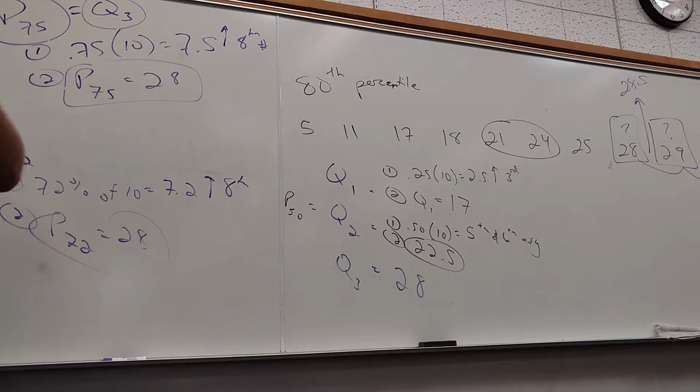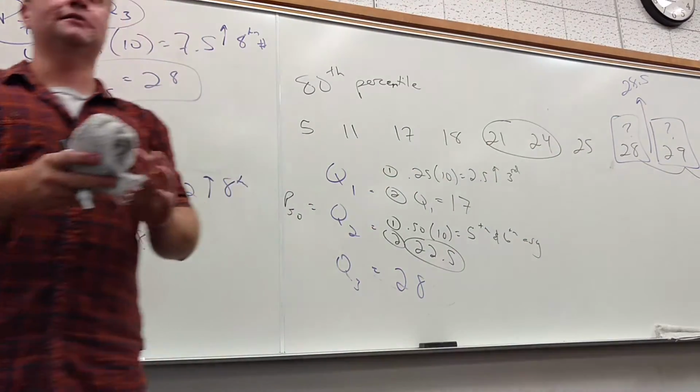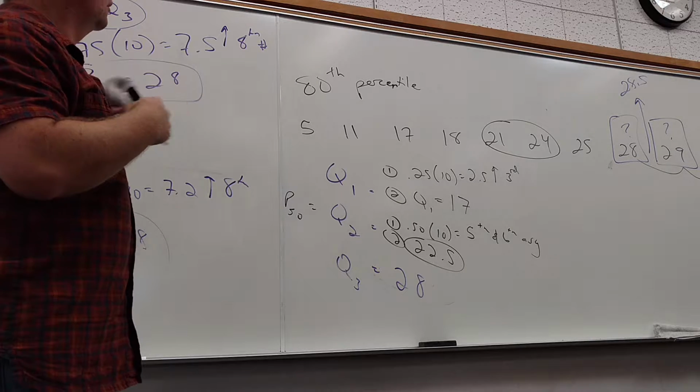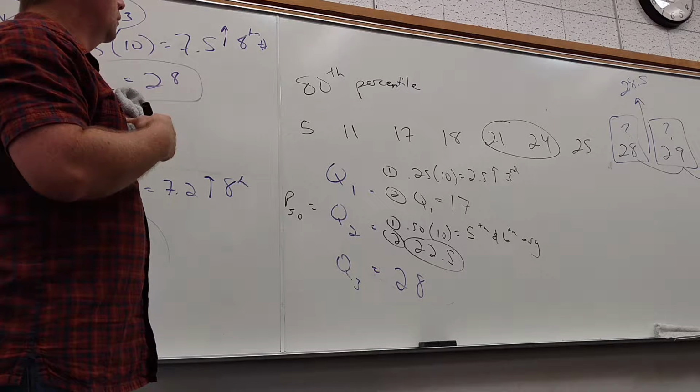All right, now. Yes, sir. Why for Q1 do you just go 1, 2, 3, but for Q2 you go 5 or 6? Because it was a whole number.